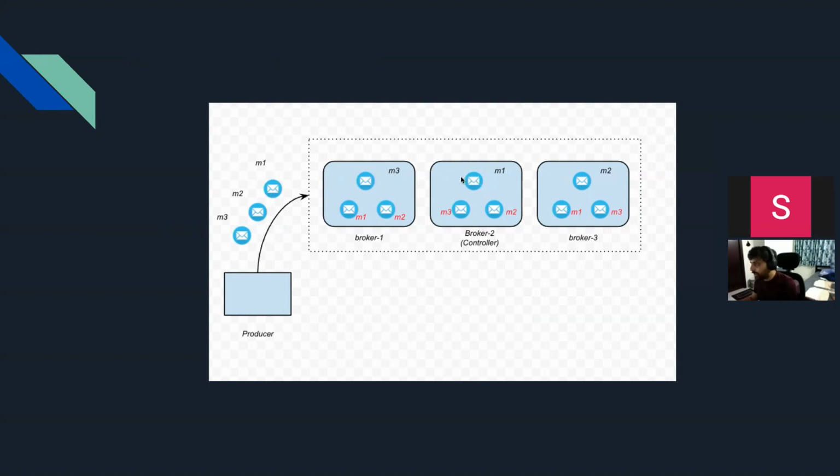So this message will keep syncing into other nodes to safeguard us from failures, right? This message 1 is an original message in broker 2, but the copy, denoted with red color, will be created, let's say, in broker 3 and broker 1, and similarly for other messages as well.